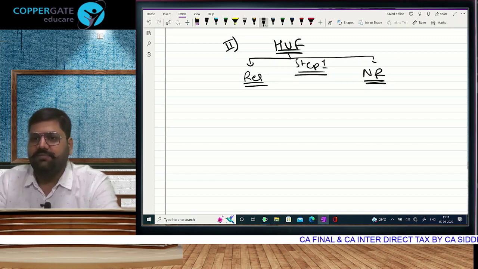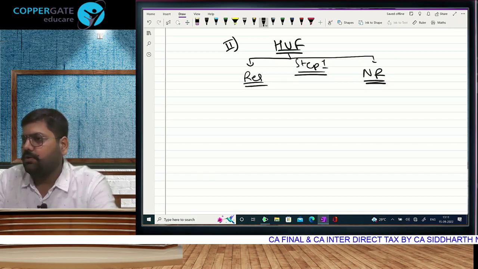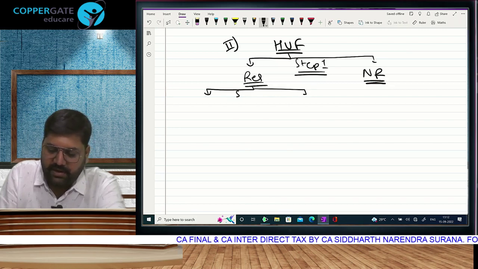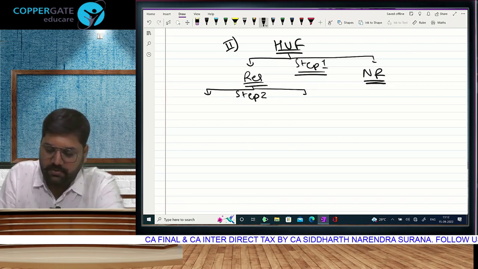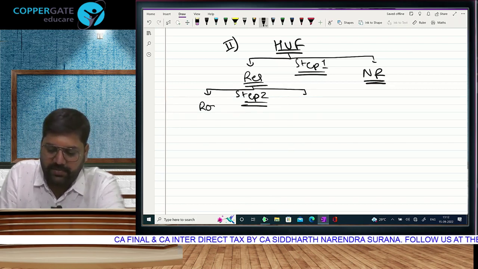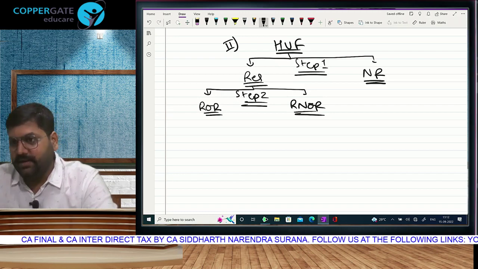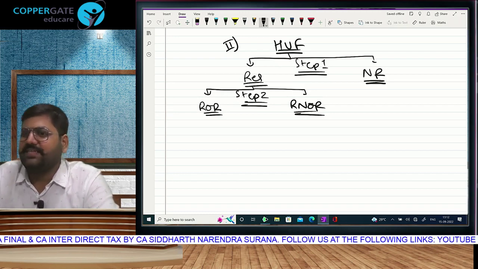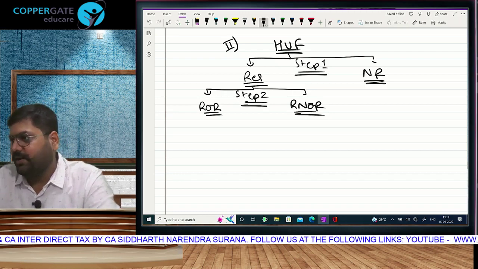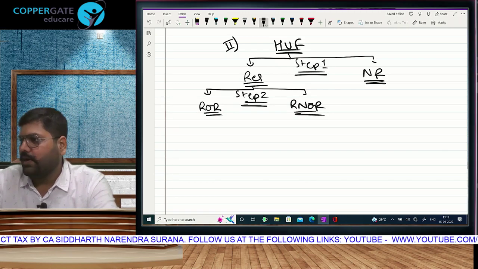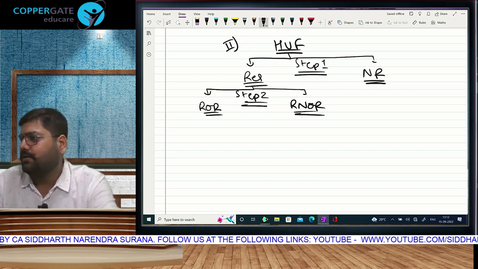And in step number 2, we will further classify the HUF: if you are a resident, you can be ROR or RNOR. ROR stands for resident and ordinarily resident. RNOR is resident but not ordinarily resident. Every HUF will be further divided into 2 categories, that is ROR and RNOR.